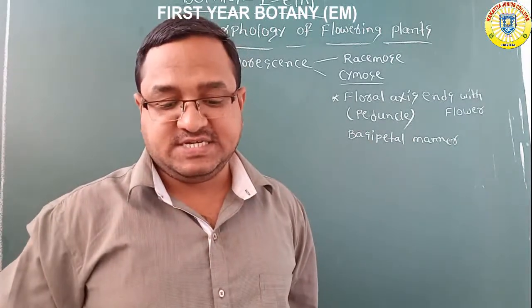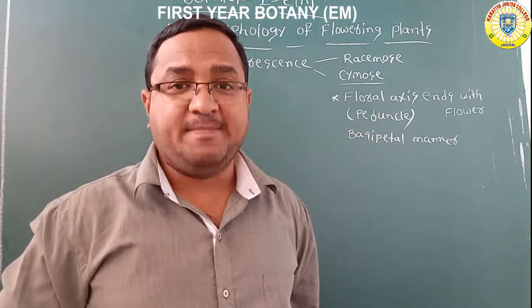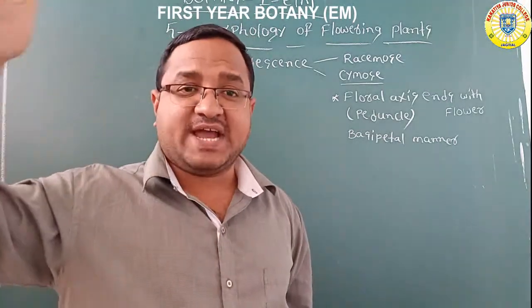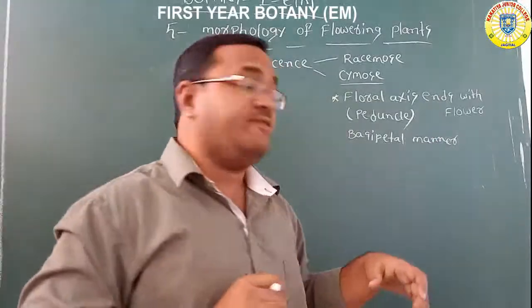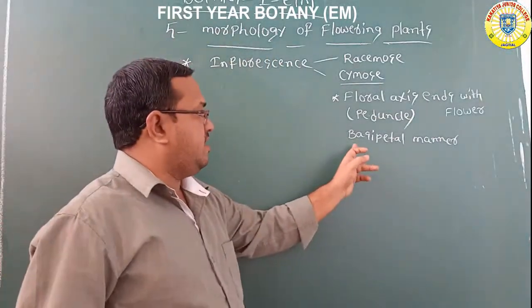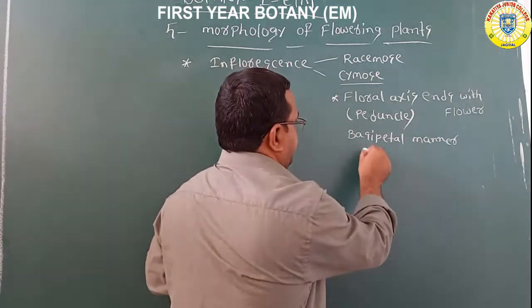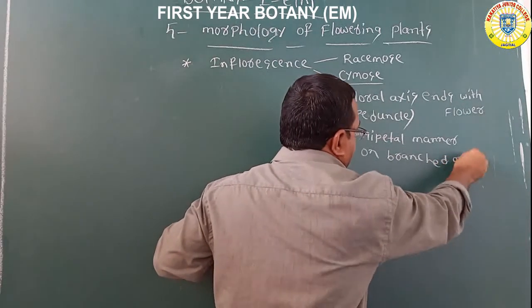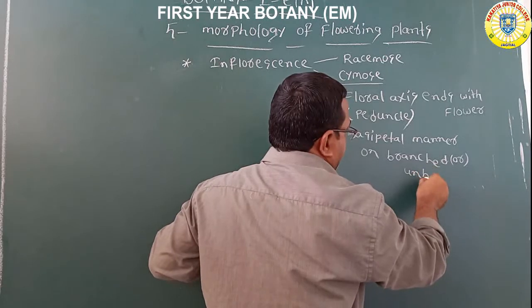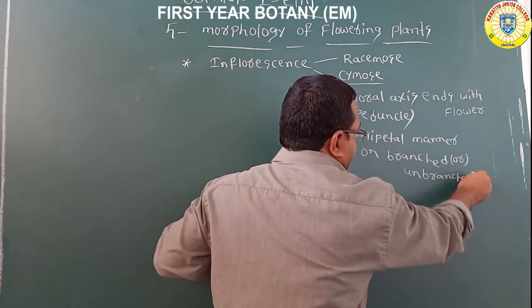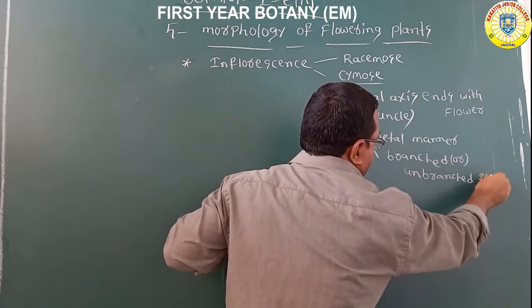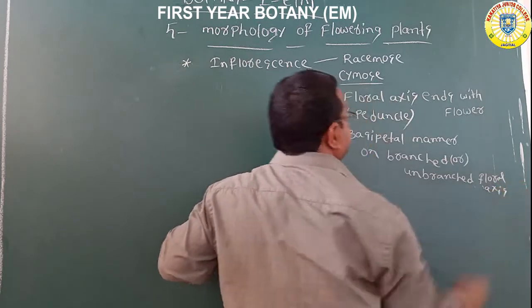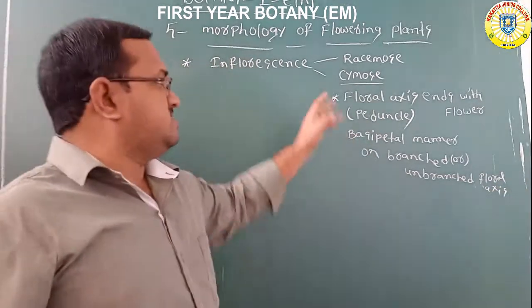The floral axis may be branched or unbranched, and on the branched or unbranched floral axis, flowers are developed in basipetal manner. Okay, so this is cymose.